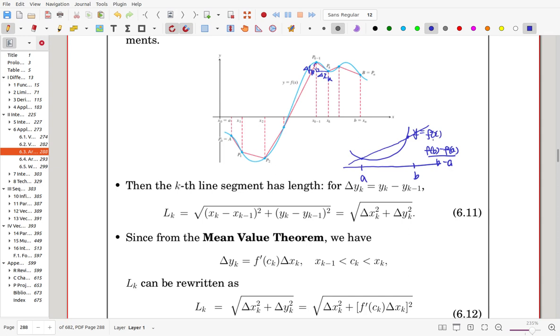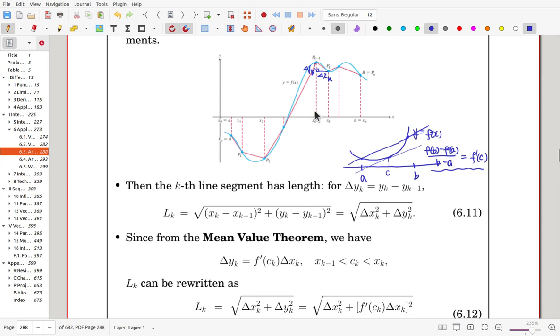If f is continuous and differentiable, then we can find some point c such that the derivative at c is the same as the average slope. In this case, that is f prime at c. That is the mean value theorem you learned from Calculus 1.